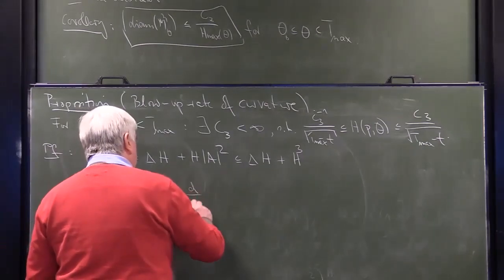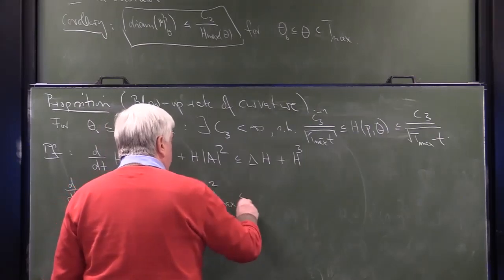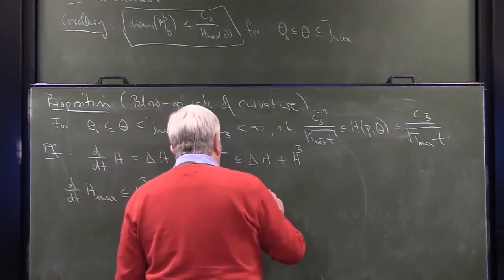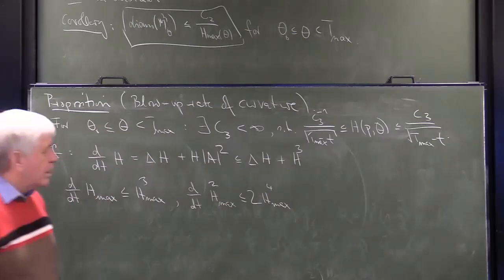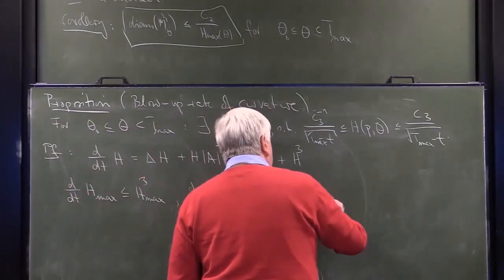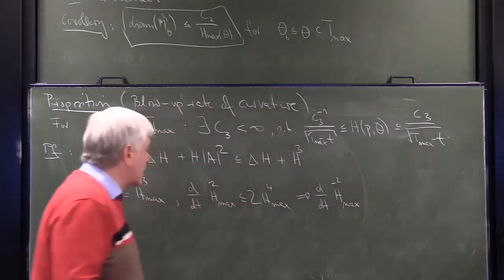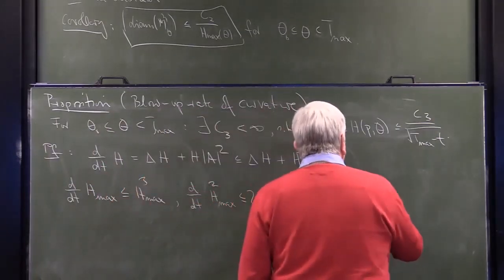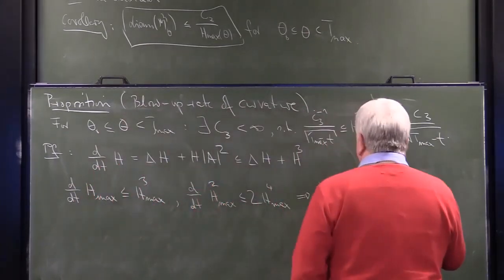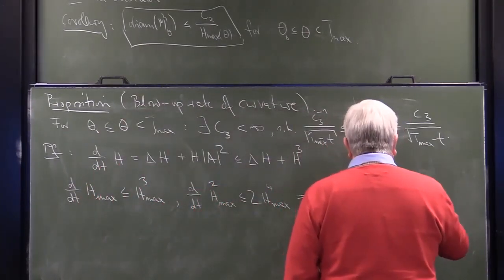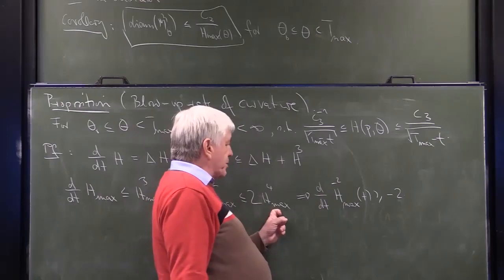And of course, we can also write this as d/dt of h max squared is less than 2 times h max to the 4, which in turn implies that d/dt of h max to the minus 2 is greater or equal than minus 2 times h max to the minus 4 multiplied with h max to the 4.